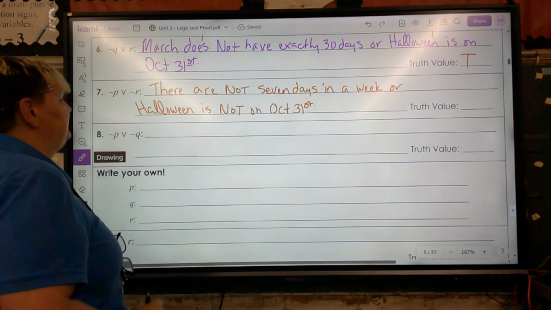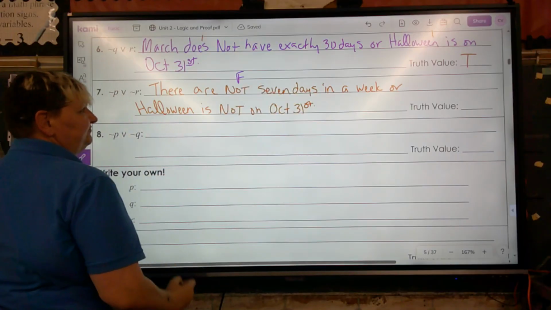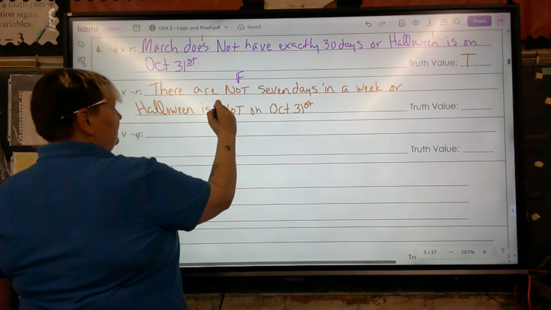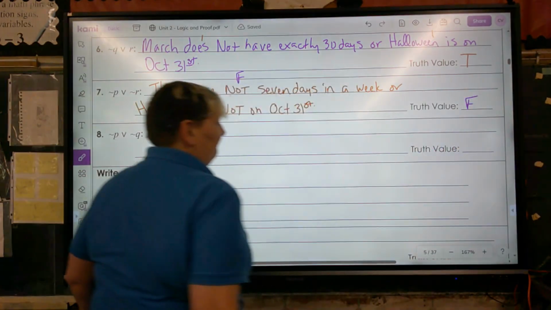One of them has to be true. There are not 7 days in a week, that's false. Halloween is not on October 31st, that's false. That makes the whole statement false.